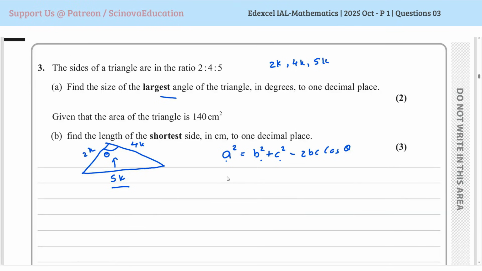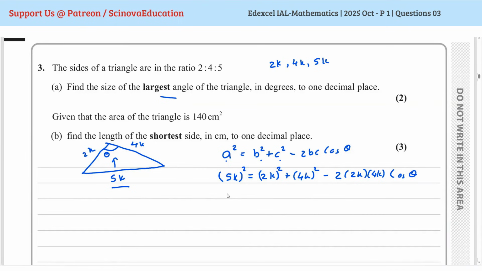So according to this problem, we know the opposite side, which is 5k. So we get 5k squared equals 2k squared, which are the adjacent sides, plus 4k squared minus 2 times 2k times 4k times cos theta.